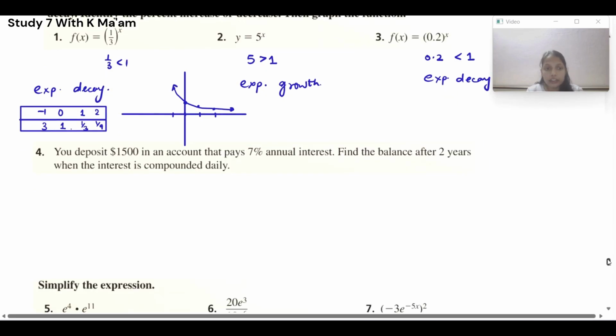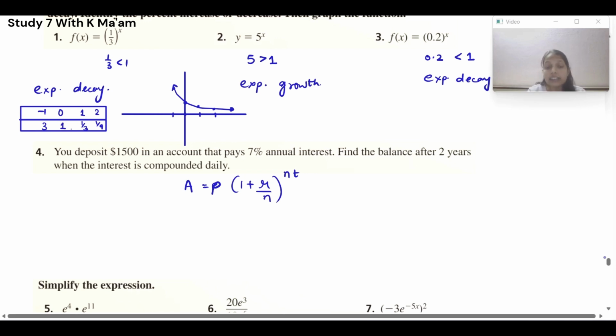Next question. You deposit $1,500 in an account that pays 7% annual interest. Find the balance after 2 years when the interest is compounded daily. So I'm solving the equation. The amount is equal to principal times 1 plus rate over n, to the power n times t. n represents how it is compounded: monthly, daily, half yearly, quarterly, whatever.